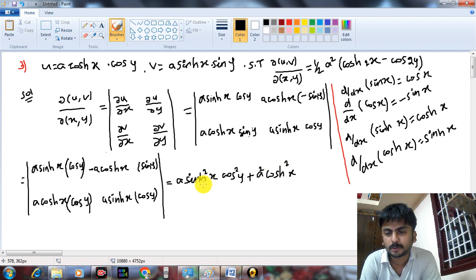Okay, so a sin h square x cos square y, this is our first term, x cos square y plus a. Okay, so this is sin y in the denominator also, it is sin y.